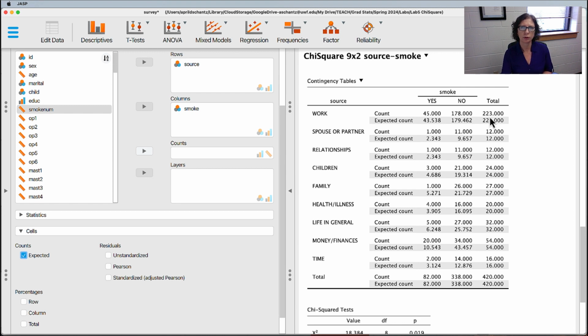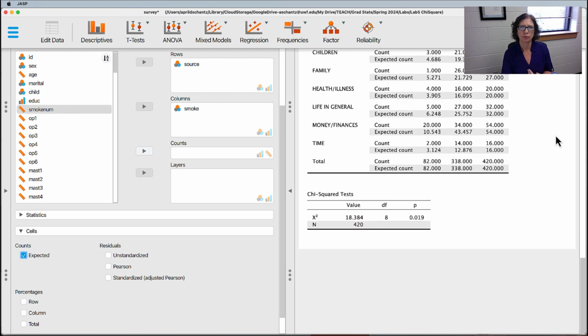Out of the 223 working stress, 45 of them said they smoke, and 178 of them who reported work as major source of stress said they don't smoke, and then the expected counts are right under that. And then for our chi-square tests, we're fine not using the continuity correction because it's bigger than a 2x2.